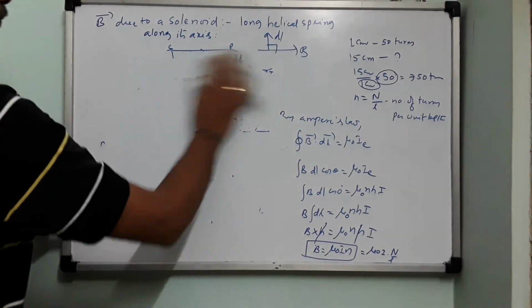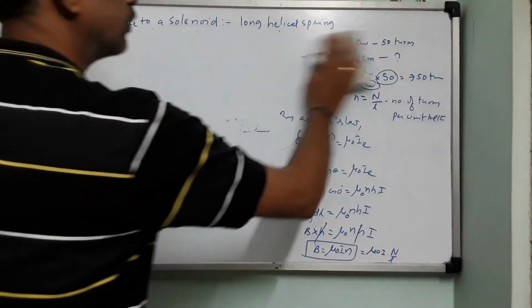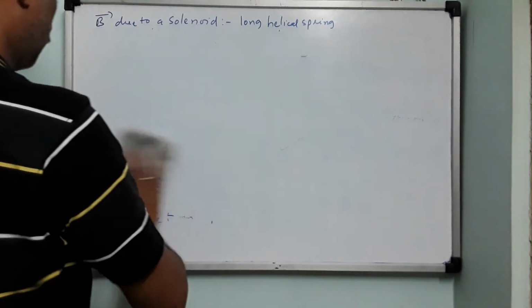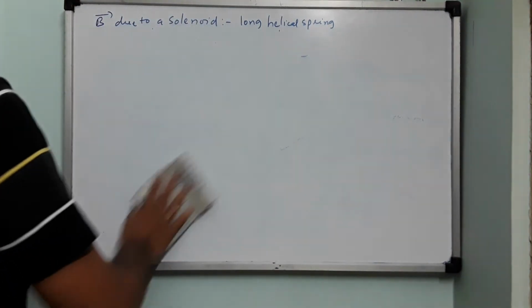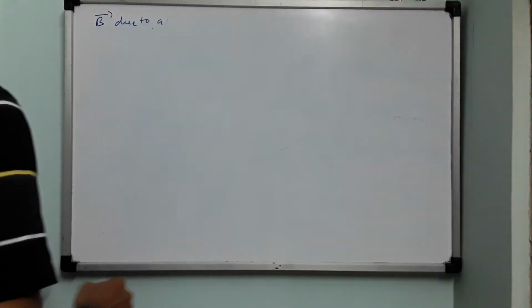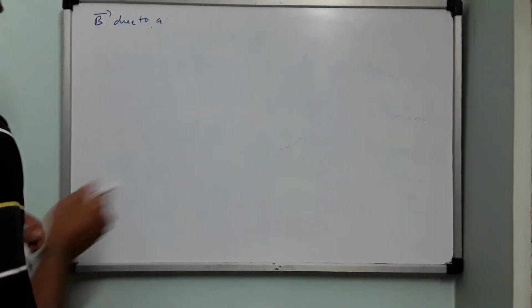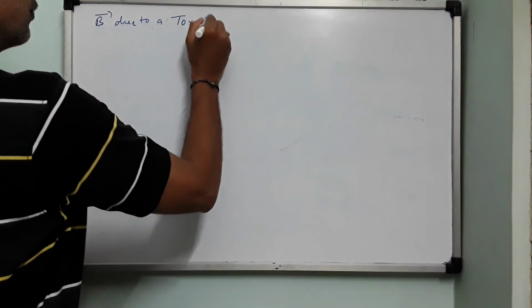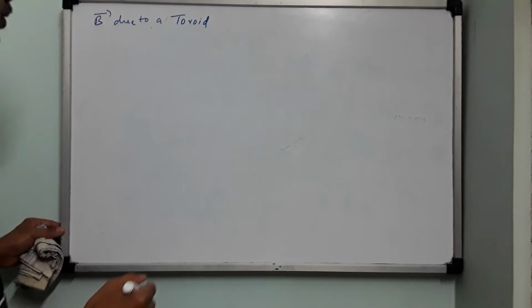The next one is the toroid. Magnetic field due to a toroid. A toroid is also known as a toroidal solenoid.